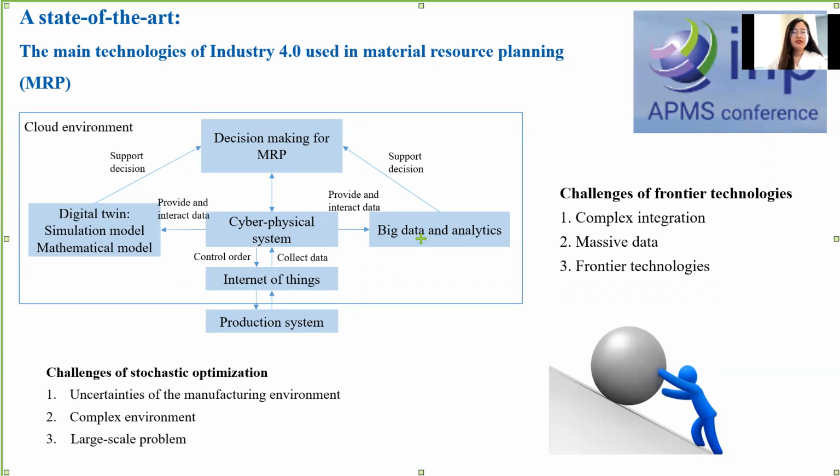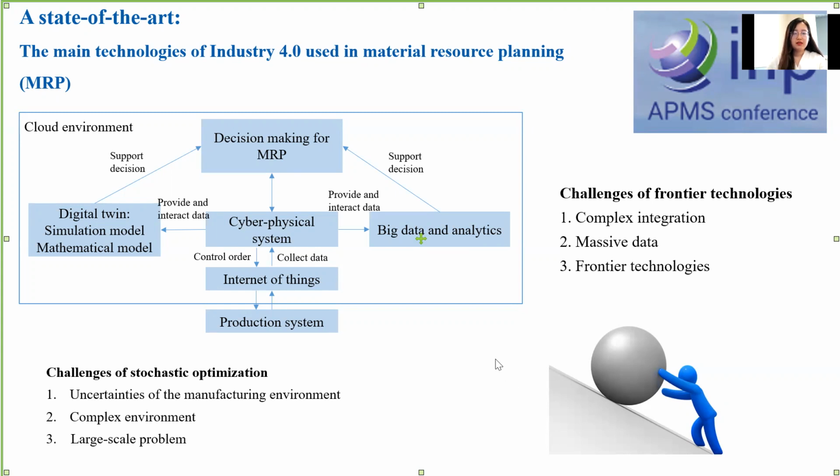The second challenge is that massive data creates new opportunities and challenges to make an effective production plan with frontier technologies. And the third is how to use frontier technologies to provide dynamic and automatic support of production planning for the managers.